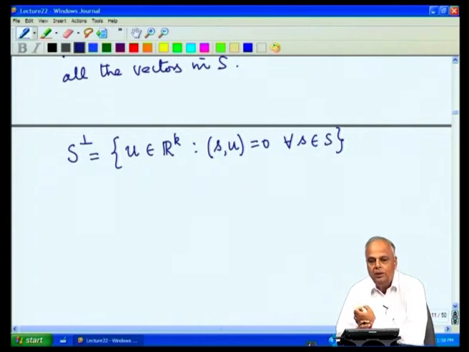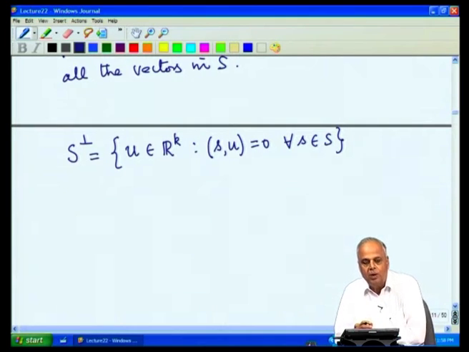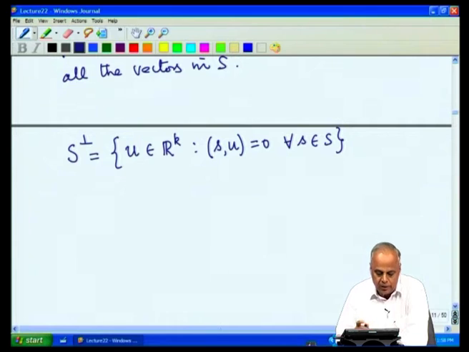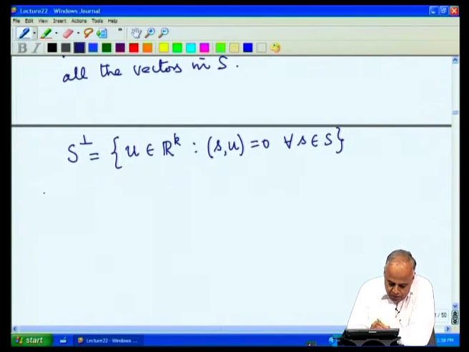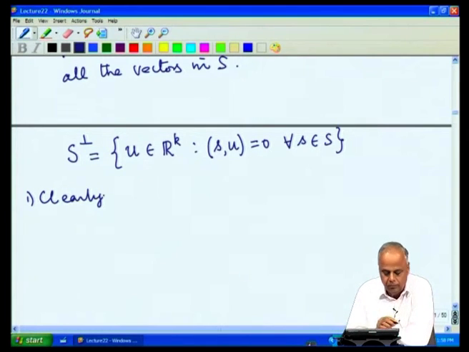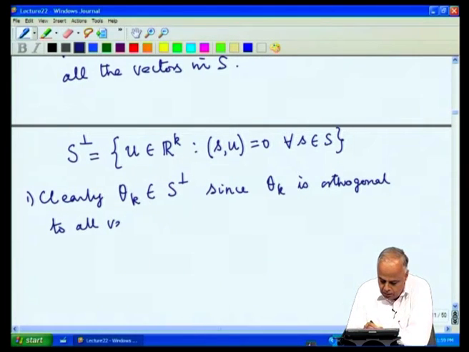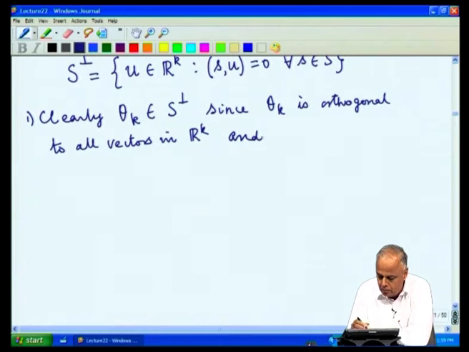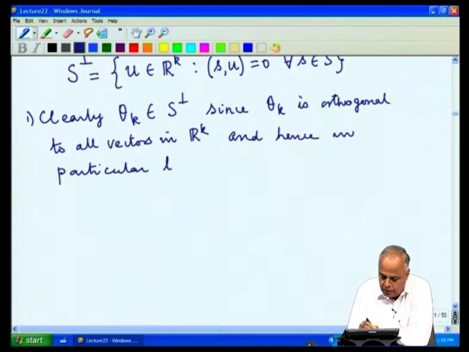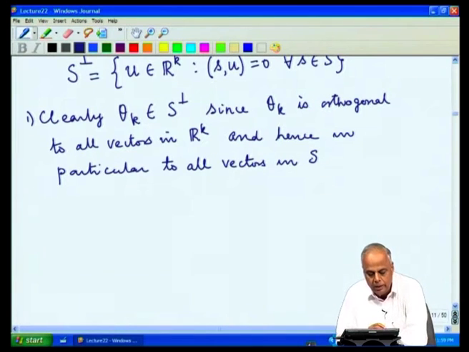We know that the 0 vector is perpendicular to all the vectors in R^k, and hence in particular to all the vectors in S. So clearly, theta_k belongs to S perp, since theta_k is orthogonal to all vectors in R^k, and hence in particular to all vectors in S. So the 0 vector belongs to S perp.